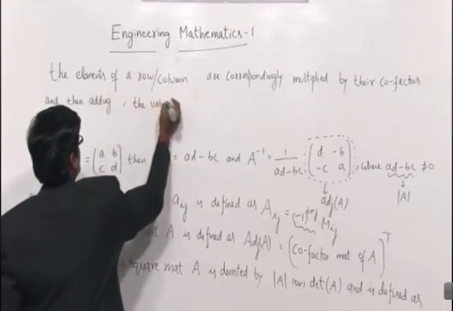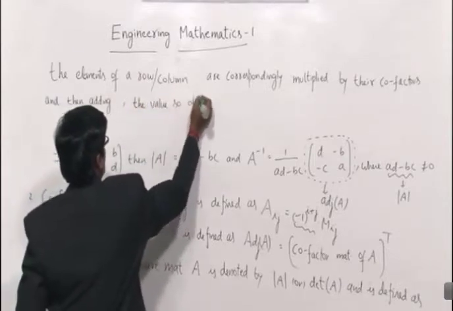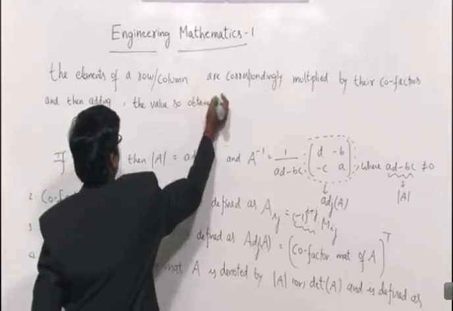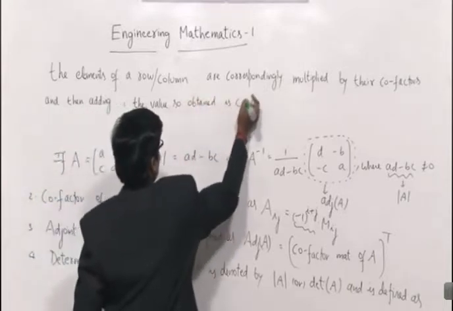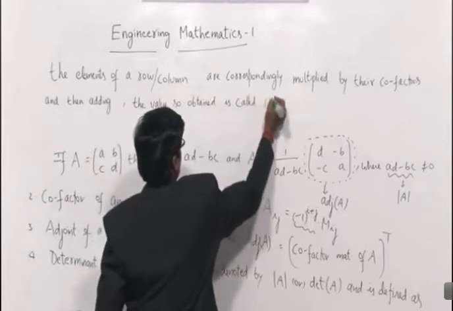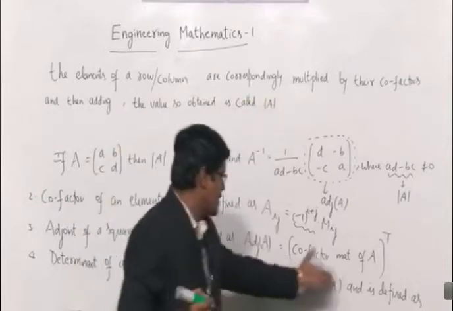The value so obtained is called the determinant of the matrix A, which I already wrote here, determinant A.